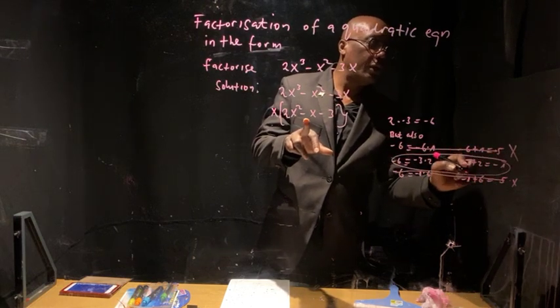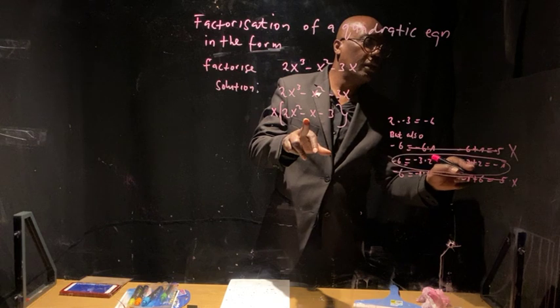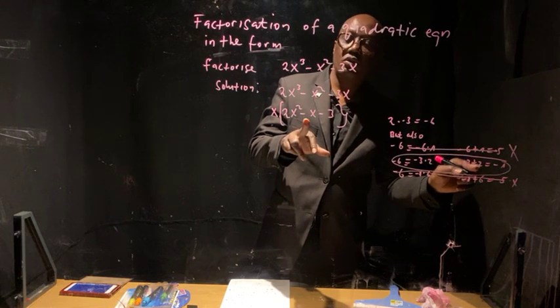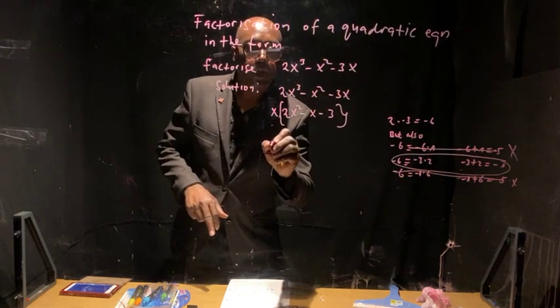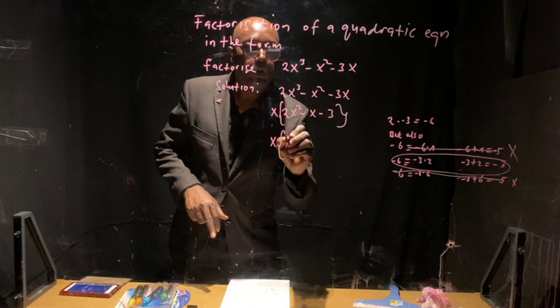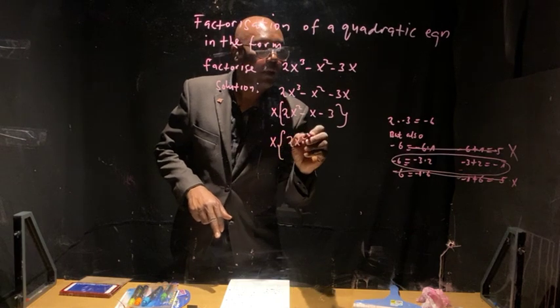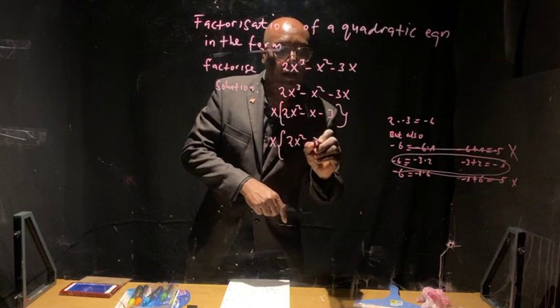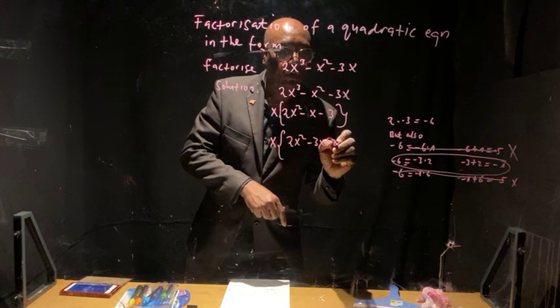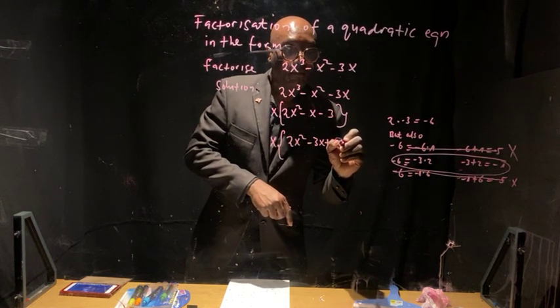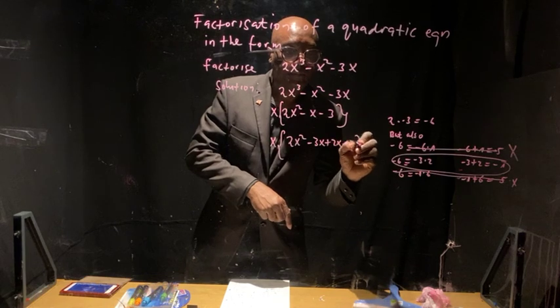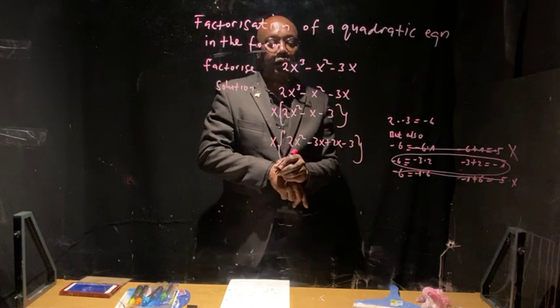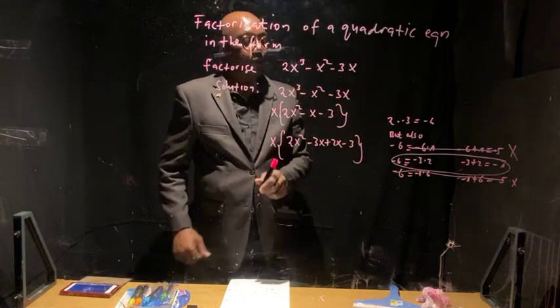So we pick minus 3 plus 2, and this becomes 2x squared, then we use the factors minus 3x plus 2x minus 3. Good.